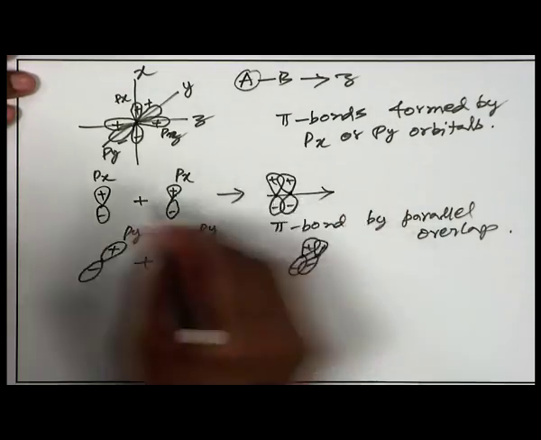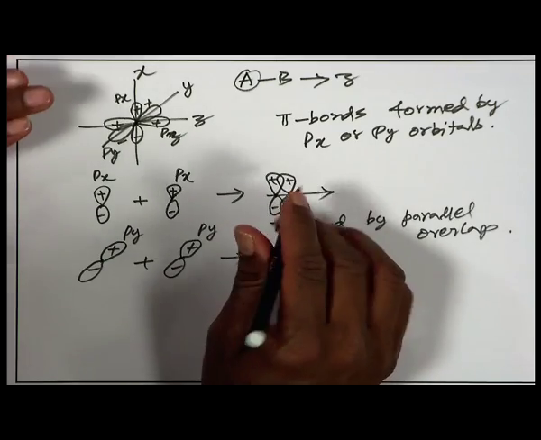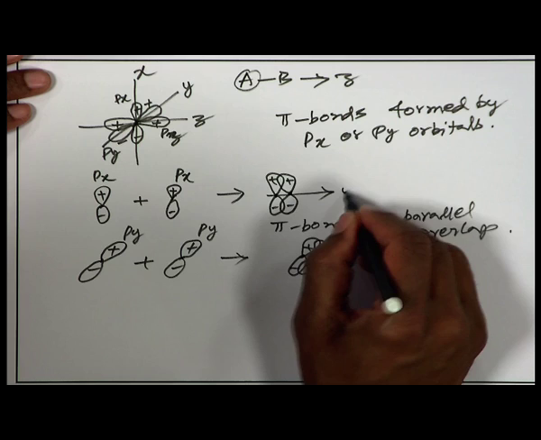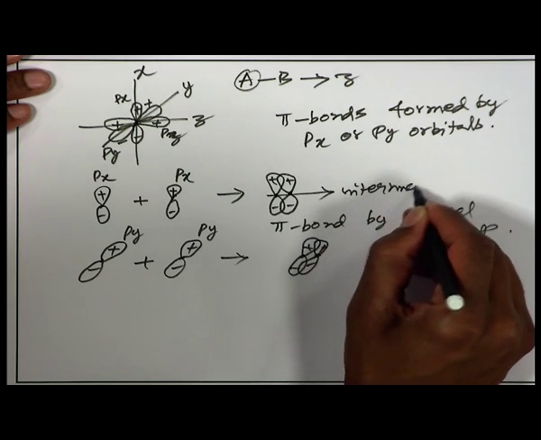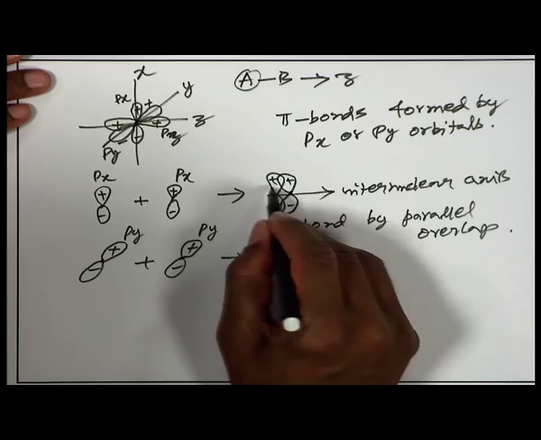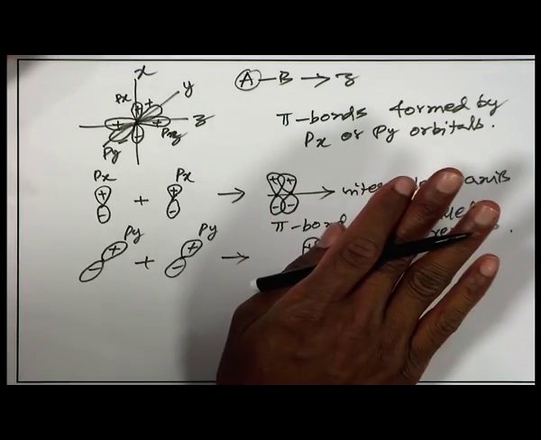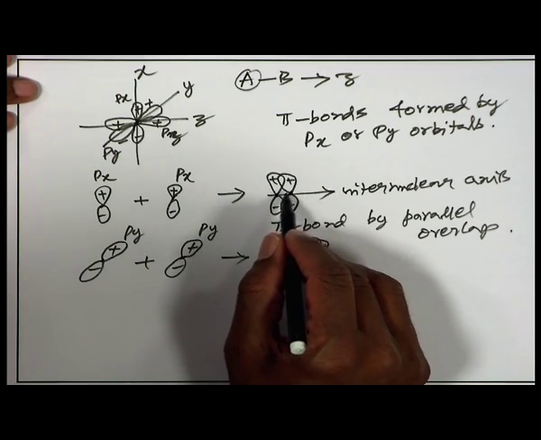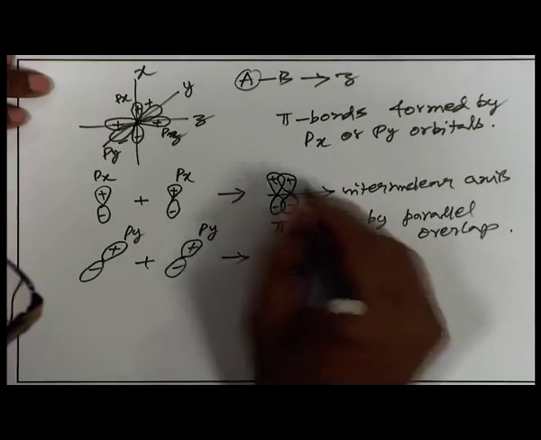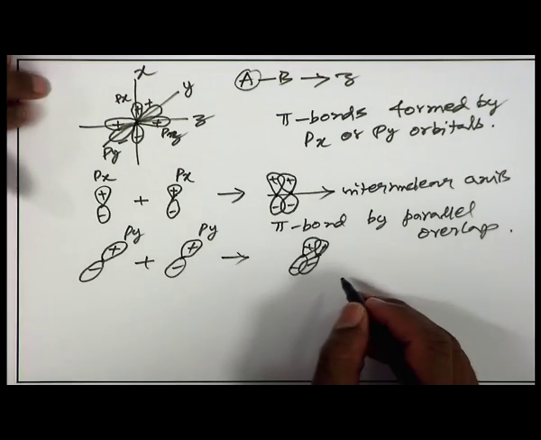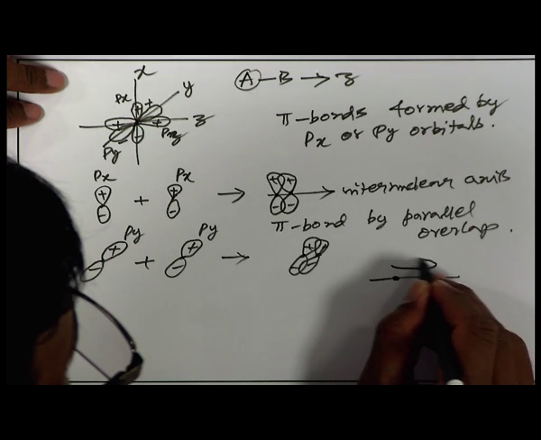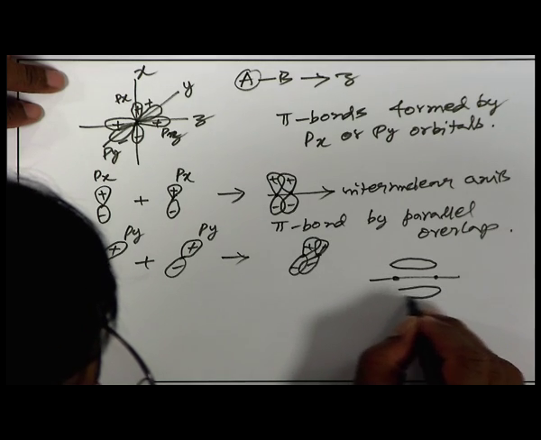So that means these two orbitals are parallel to each other, but perpendicular to the internuclear axis. This is the internuclear axis, and these two orbitals are parallel to each other and perpendicular to the internuclear axis. So, this can be described in this way. You have an internuclear axis, two atoms are here, and then they form electron clouds of this type.